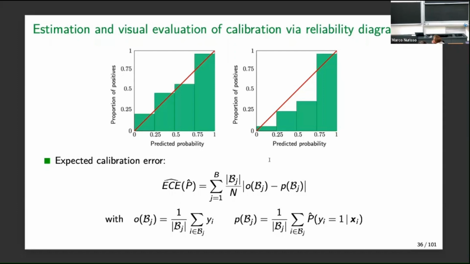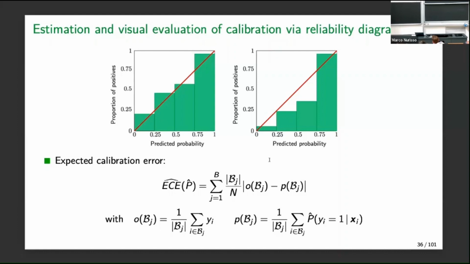And ideally, the observed frequency in each bin should correspond to the predicted frequency of the bin. So for example, the example here on the left-hand side is better calibrated than the example you have here on the right-hand side, where the predicted frequencies deviate quite a lot from the observed frequencies.